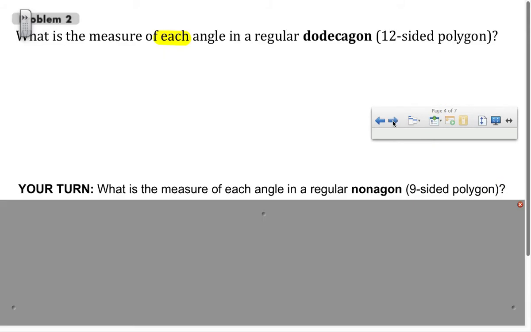Okay, so that being said, let's use that formula to find the measure of each angle in a regular dodecagon, and I'm clarifying for you, it is a 12-sided polygon. Let me pause for a moment. 3 sides, it's a triangle. 4 sides, a quadrilateral. 5 sides, pentagon. 6 sides, hexagon. 7 sides, heptagon. 8 sides, octagon.